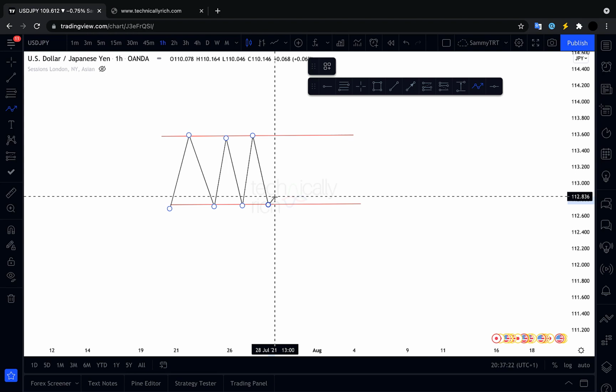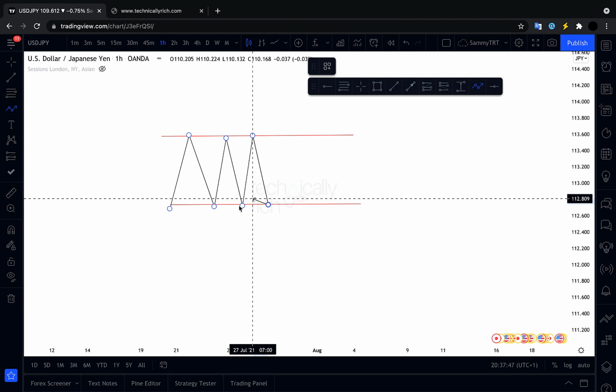I had it correct, so why would they hit my stop loss and then come back? And then you start thinking, is there a problem with my entry? But I sincerely don't think it's a problem with you.